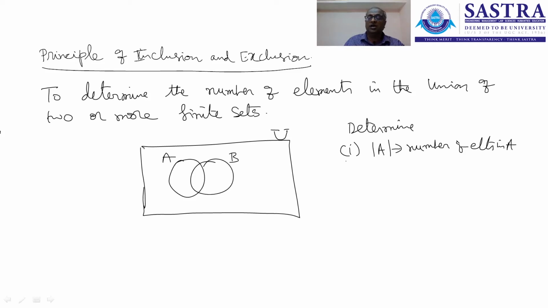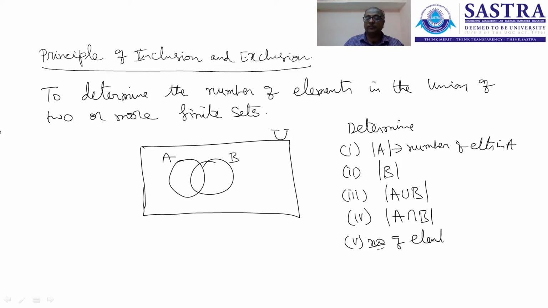I can find the number of elements in B. The third one would be the number of elements in A union B. The fourth one would be the number of elements in A intersection B. And similarly, the fifth one would be the number of elements in A only, not including the intersection.